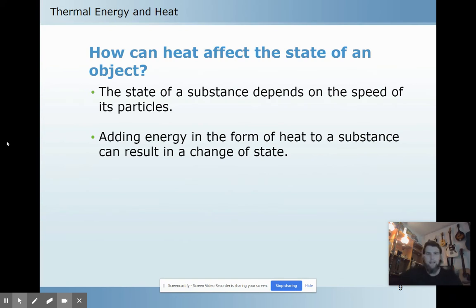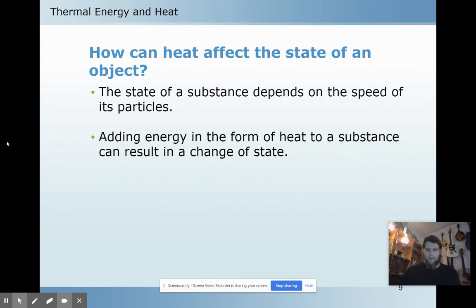Water is the easiest example here. If we have solid water, which would be ice, liquid water, and gaseous water, which would be water vapor, each of those is just water with different states of energy. When we say that's a change of state, we are changing that state of matter.